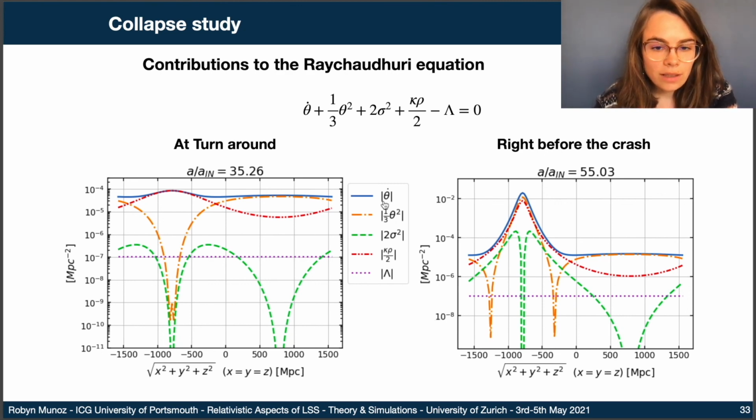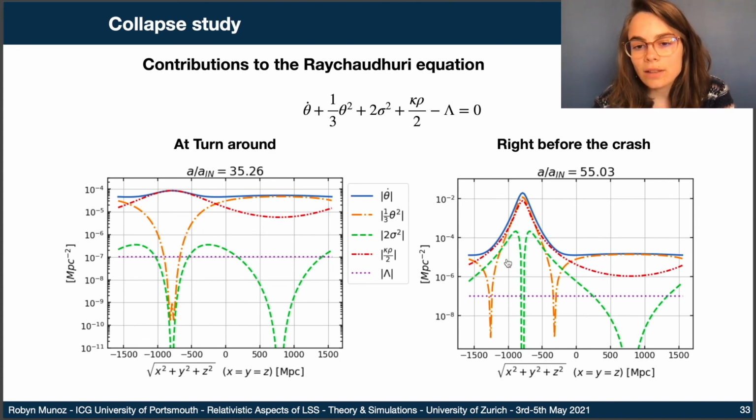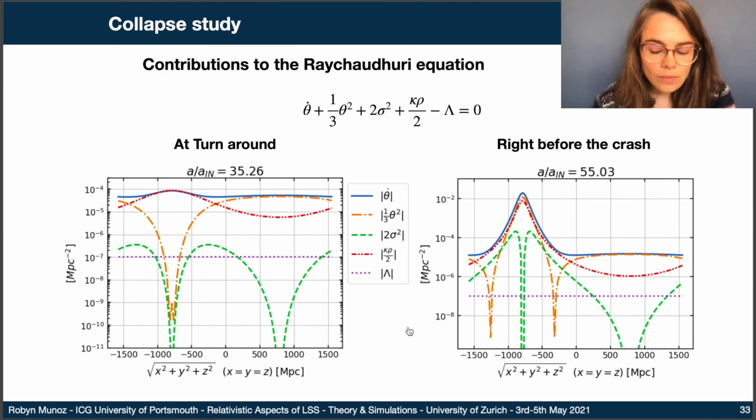An interesting term here is the shear, in green. We see that it is very small but non-zero, and that it is smallest at the peak of the overdensity and the trough of the underdensity, so where there is the most spherical symmetry. And this is also visible right up to the moment right before the crash. So that's interesting.